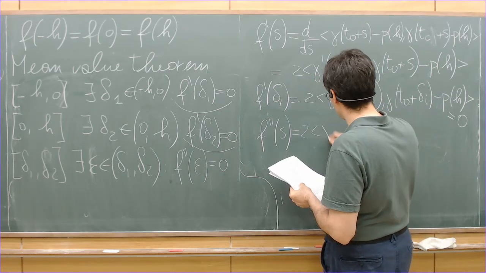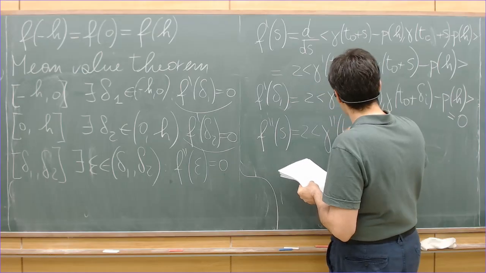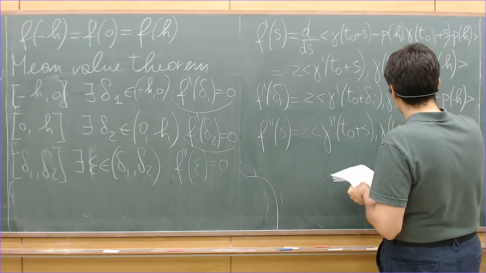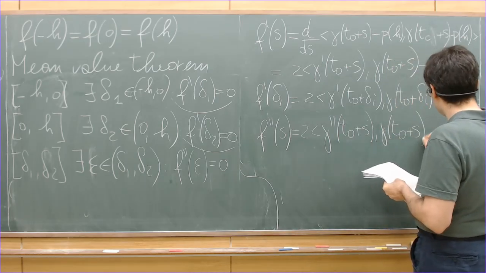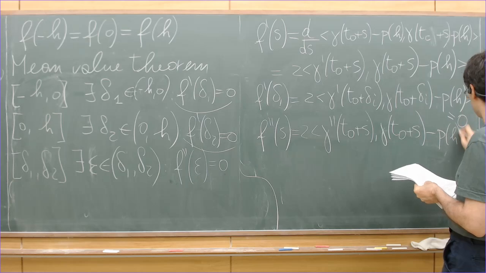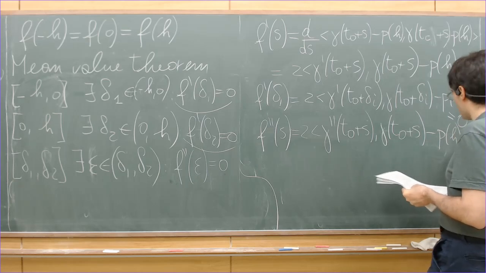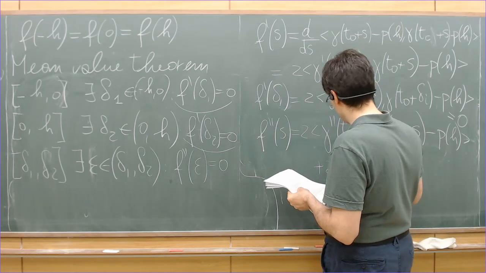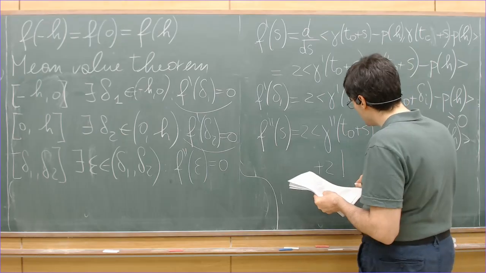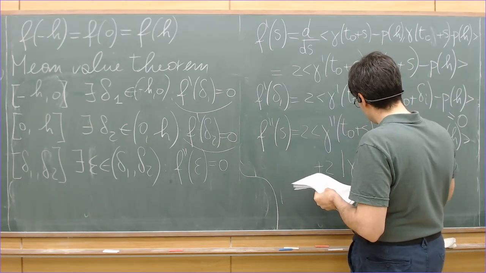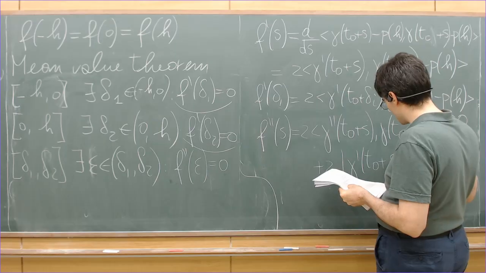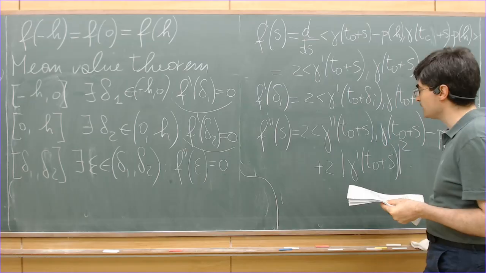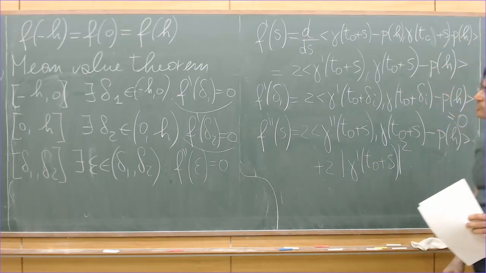The final result is 2 times the inner product of gamma second t0 plus s and gamma t0 plus s minus pH, plus 2 times the square of the length of gamma prime t0 plus s.